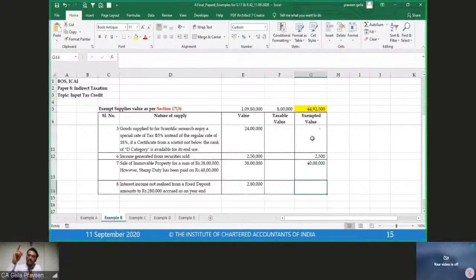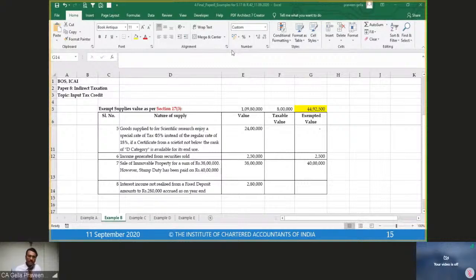Now, when I refer to Rule 43, there are two things which they say, please exclude for the purpose of exempt supply. One is your interest income or discount activity. So, interest income and discount is something which is excluded under Rule 43. And apart from that, what is the second item?